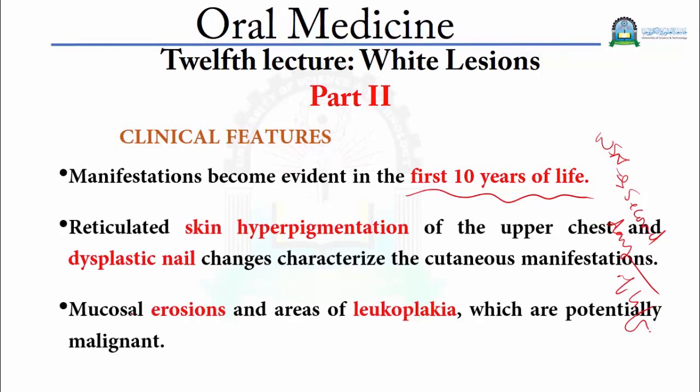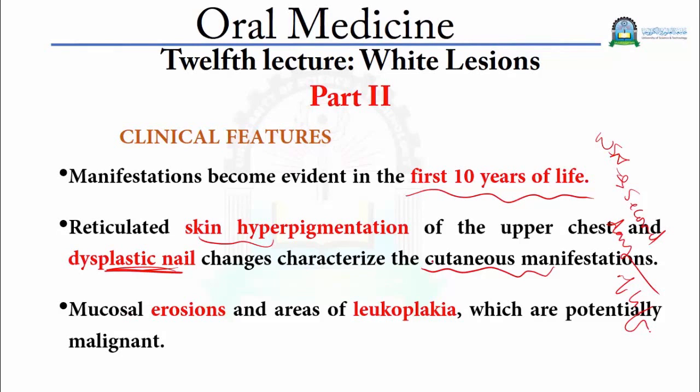Reticular skin pigmentation can be found in the oral cavity and in the upper chest, with dysplastic nails of the fingers, and all these characterize the cutaneous manifestations of dyskeratosis congenita.